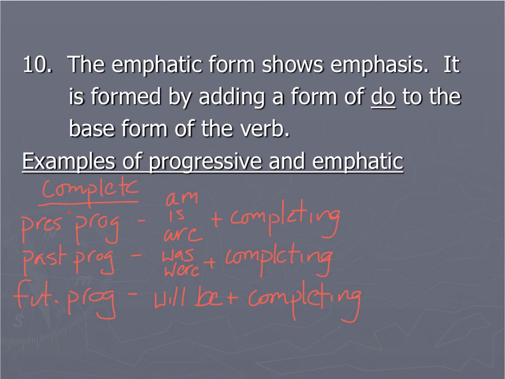Now, if we wanted to form the emphatic, okay? So the present emphatic would just be do or does complete. Okay? And then the past emphatic is just did complete.